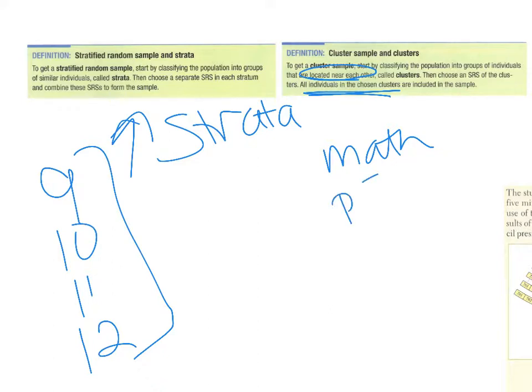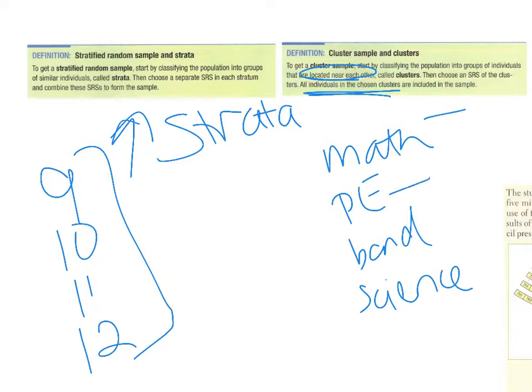You could take a PE class, a band class, a science class, and you would be sampling every individual in those classes, and those are all included in our sample. So again, you can do the strata, which is putting everybody together based on something they have in common, or you can do the cluster, where you take your SRSs of clusters, which are solely based on location.